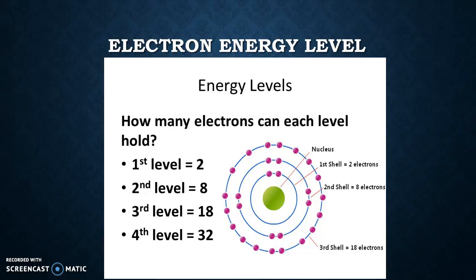And those are more for the numbers at the very end of the periodic table when you have very high atomic numbers. For the most part, the ones you're going to be dealing with are rather small. You might be dealing with the third level, but for the most part, it's really going to be the first and the second level.